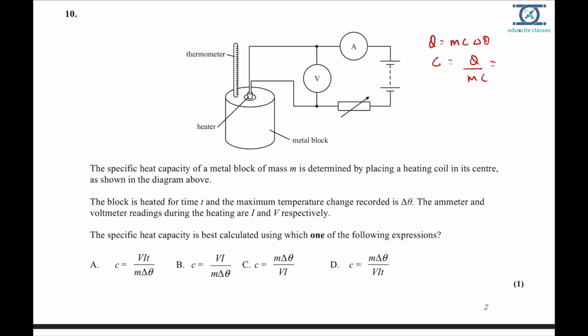Here energy is supplied to the heating coil, so energy can be written as power into time, because power is energy per unit time. Electrical power is V into I, so c equals V I t upon m delta T. So this is your option A.